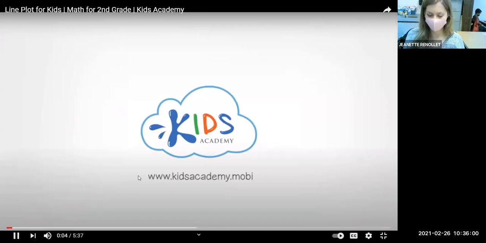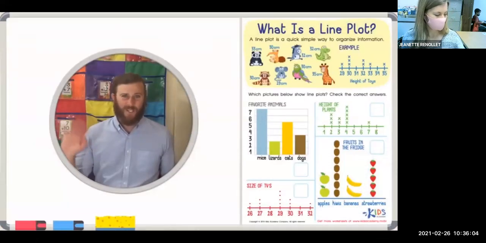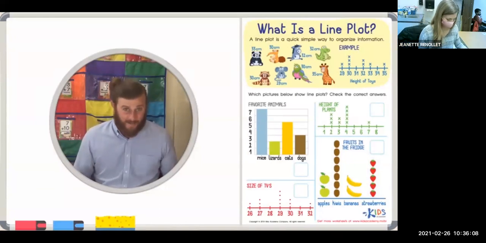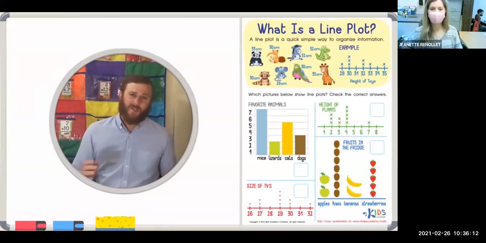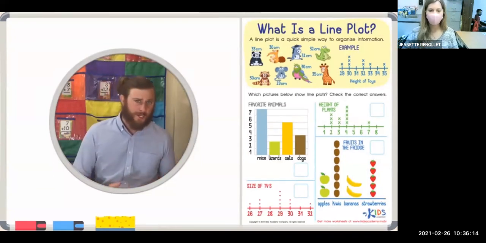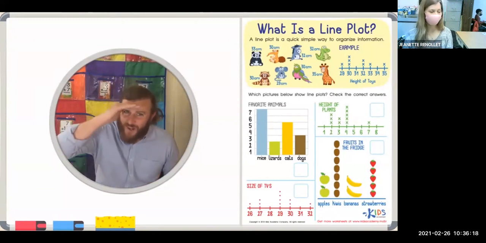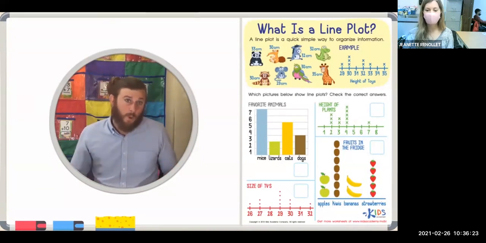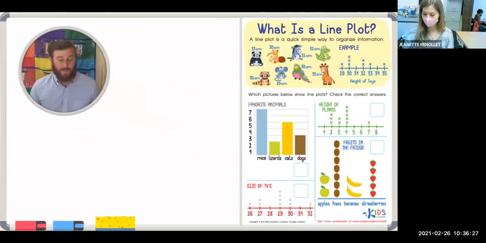Welcome to Kids Academy. Hello, boys and girls. This is Teacher Michael. And today, I'd like to talk to you about line plots. Well, what is a line plot? A line plot is a quick and easy way to display and organize information. Let's take a closer look at a line plot so that way we can easily identify or see what is a line plot and what's not a line plot.